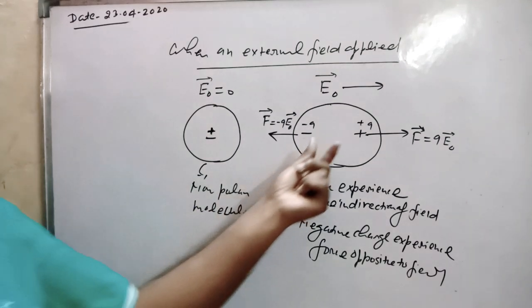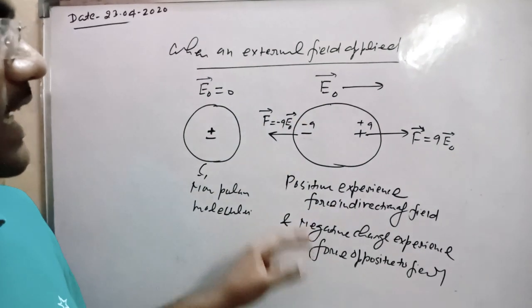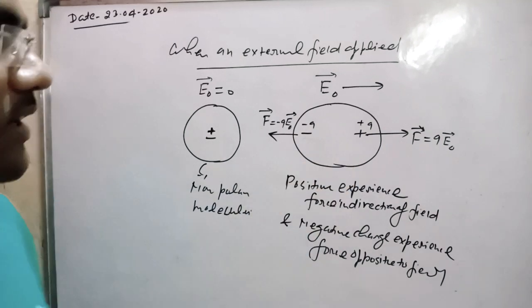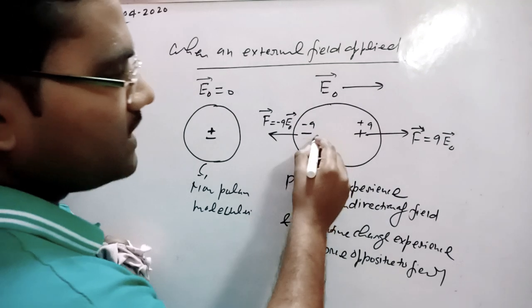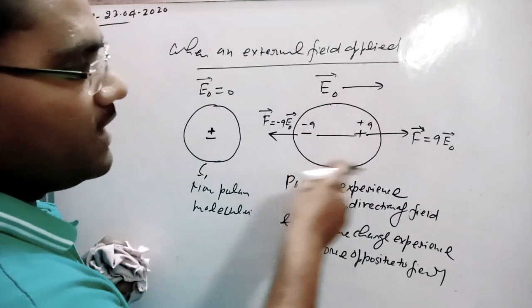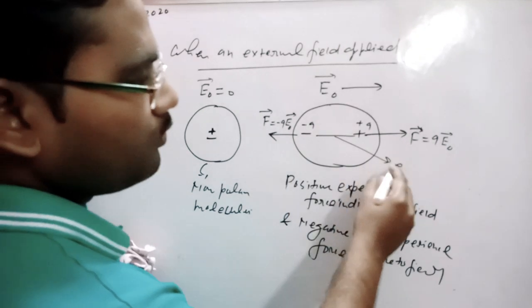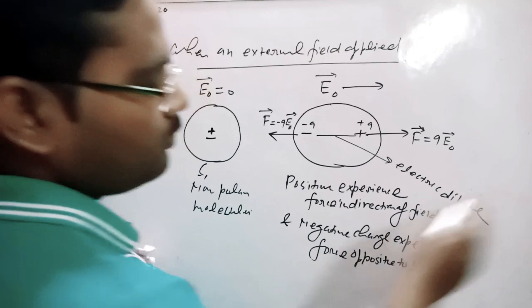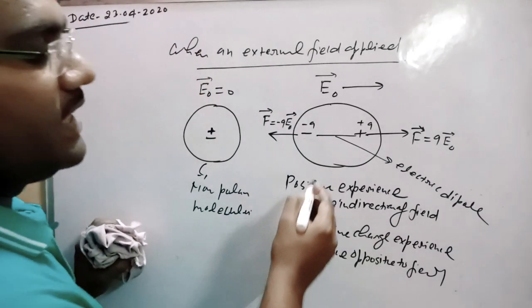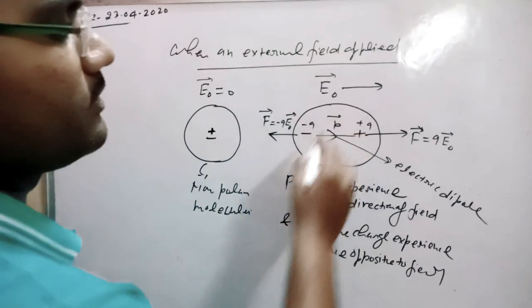That means negative and positive charges are separated when a non-polar dielectric is placed in an external field. If they are separated by a small distance, they form an electric dipole. This system is an electric dipole, and the electric dipole has a dipole moment.